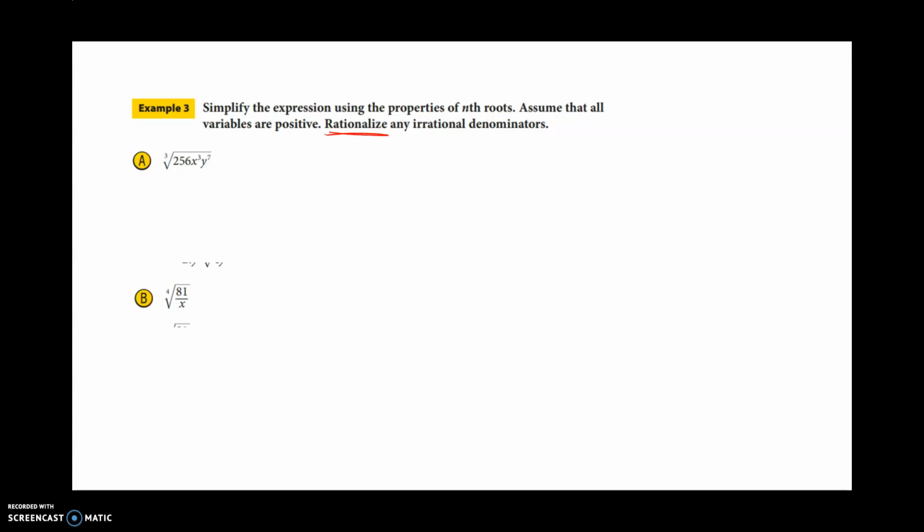So, let's see. We want to try to do a cube root. Well, sometimes when we have big numbers like this, we have to figure out a power for those to be able to simplify. So what we can do is take this 256 and see what its factors are.